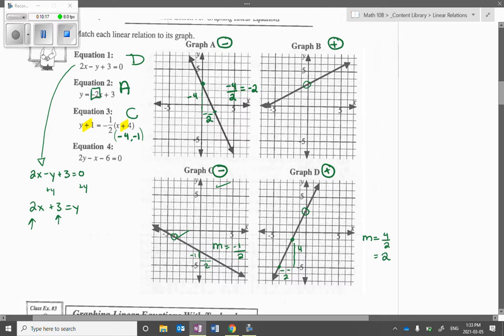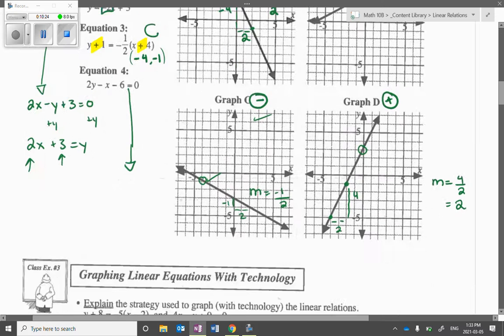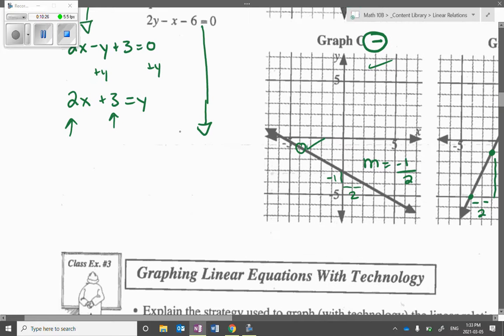Let's go through the conversion just so we have that practice. This one's slightly more difficult because y has a coefficient on it. So I'm going to keep y positive because I think that's easier. So I'm going to add x to both sides and add 6 to both sides.